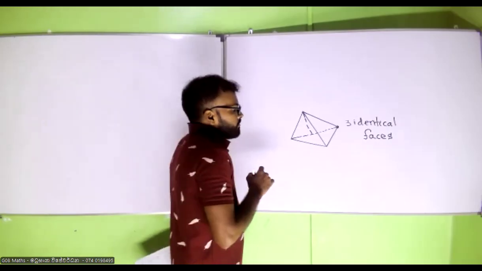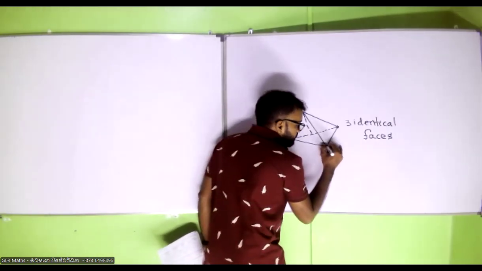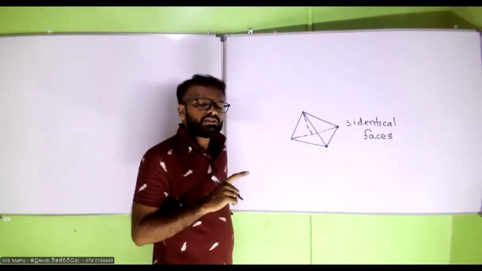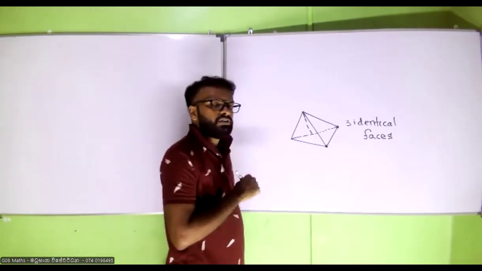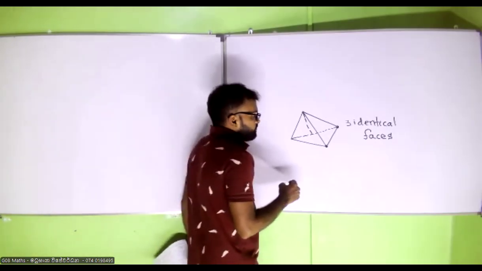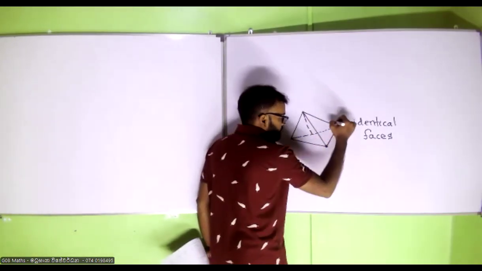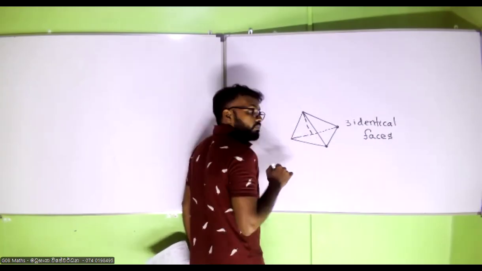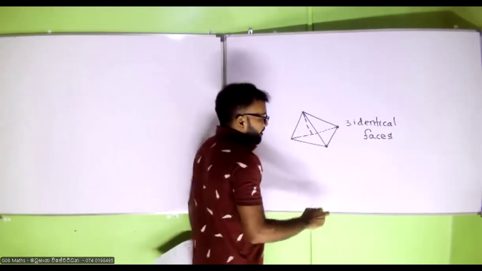And if we consider this vertex, how many identical faces are meeting at this vertex? Let's count. This face, 1. This face, 2.